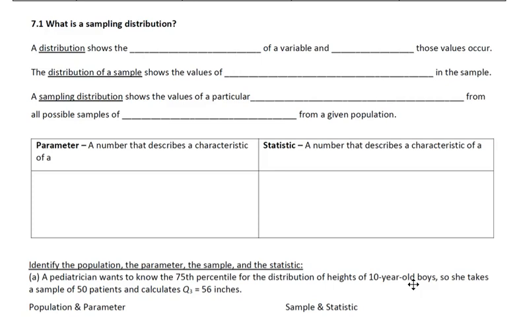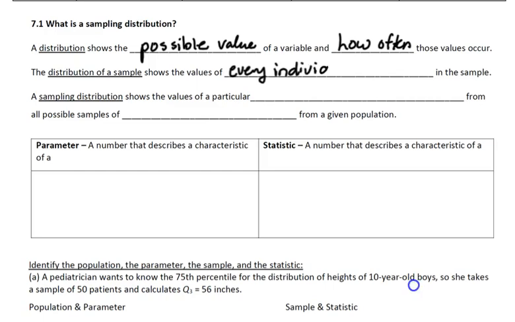First of all, let's recall that a distribution shows the possible values of a variable and how often those values occur. It could be a graph, it could be a table, but often we're looking at a graph. The distribution of a sample shows the values of every individual data value that we've randomly collected in that sample.